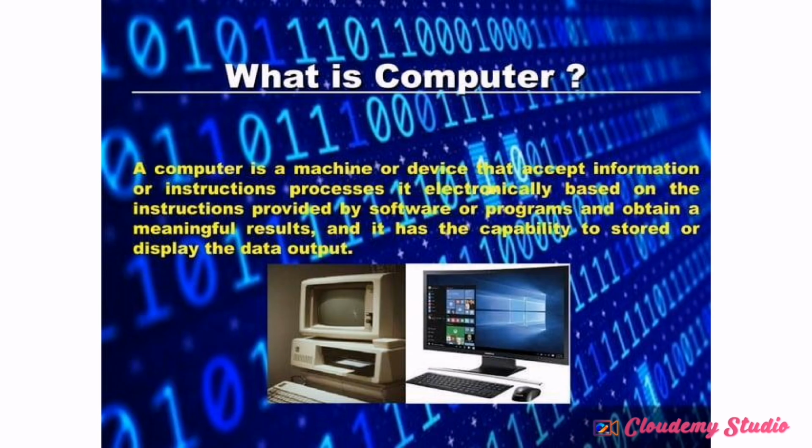Without the software and programs, a computer cannot operate normally, because a computer is a set of programs, and the software are the ones that come up with a computer system. So it is a system. It works electronically through instructions to process and give the meaningful information.